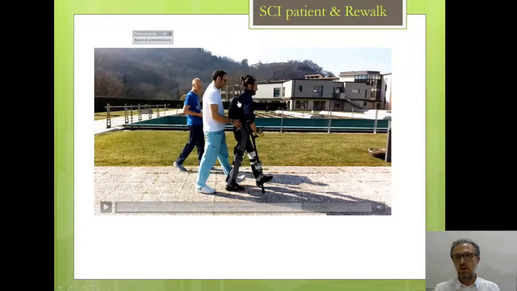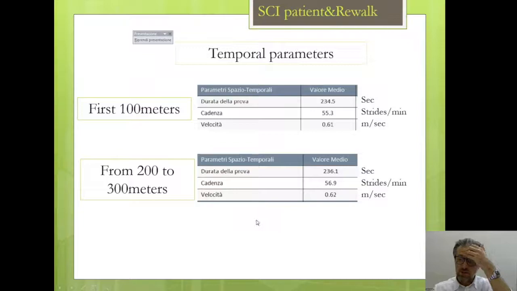and even evaluating the alignment of the trunk compared with the lower limb. In this case, I'm presenting you data from the temporal parameters coming from the G-Walk during the first 100 meters and the last 100 meters, from 200 to 300 meters.